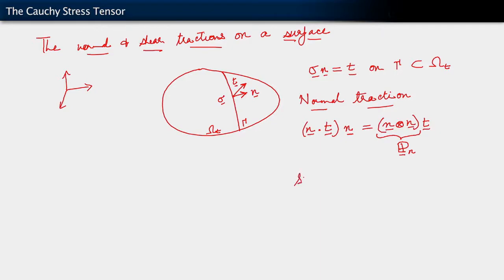Let's go on then and look at the shear traction. Well, the shear traction is just that part of the traction that is not the normal traction. Because essentially what we've just computed up here is, let me draw it here, but let me move the n to the side.